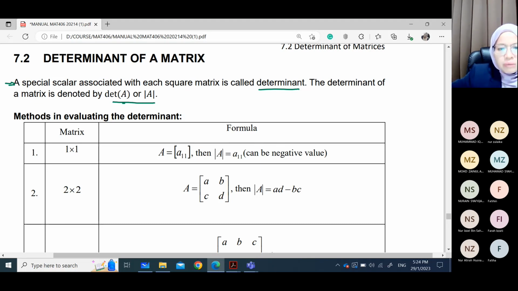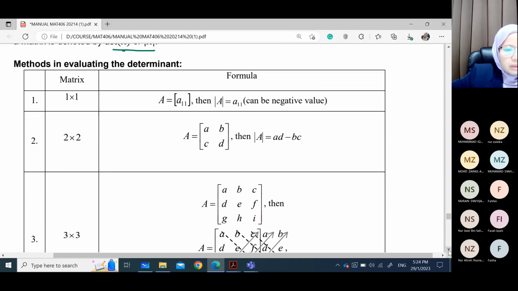Okay, so now how to find the determinant of the matrix? Kita tengok ini. Okay. So formula dia kalau kita ada 1 by 1 matrix, size dia 1 kali 1, maksudnya kita ada 1 saja. Then determinant of A is A11, can be negative value. So if we have 2 by 2 matrix, so the determinant of A is AD minus BC.